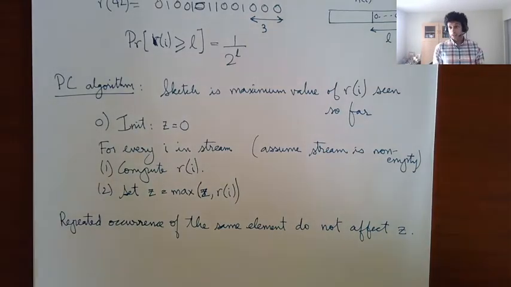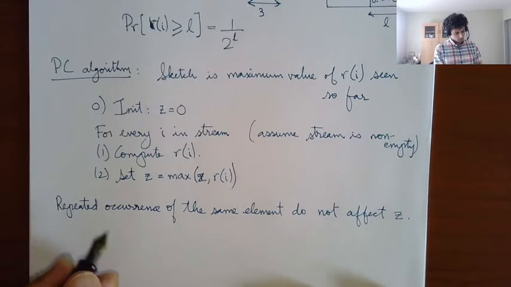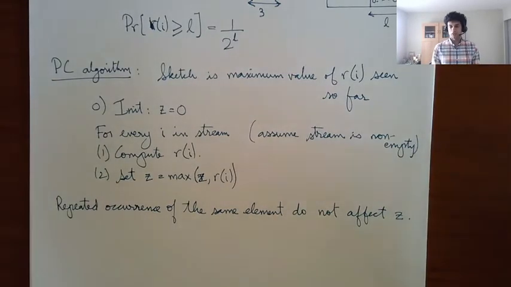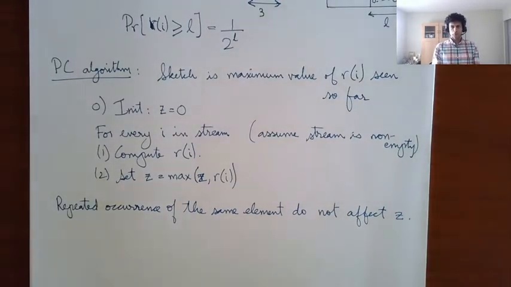What is our estimate going to be? So finally, this is a very simple sketch. The nice thing is that this sketch is composable, meaning that if your stream was divided into multiple substreams, you can compute this independently for each substream and then combine these.